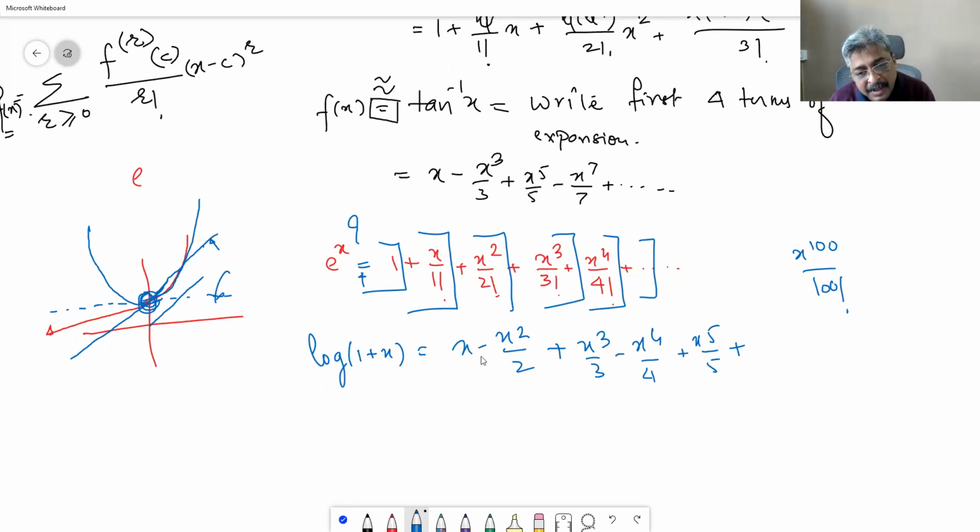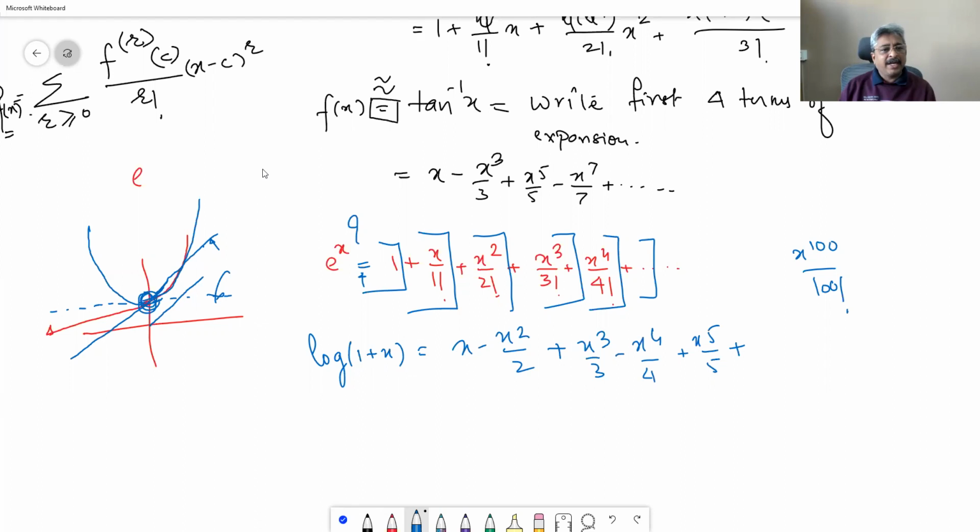If it is x, then log 1 plus x is equal to x, or log 1 plus x is equal to x minus x square by 2. So we are trying to do some correction here, because when we say it is equal to x, it is on the higher side, the RHS. So we subtract some quantity. Then suddenly we realize that we have got into the negative side, therefore we add some quantity. Something like this is happening here.